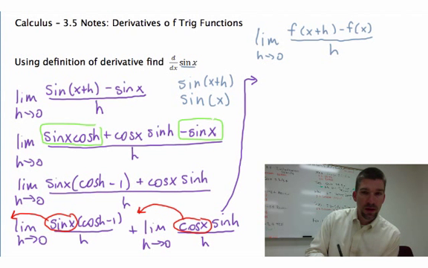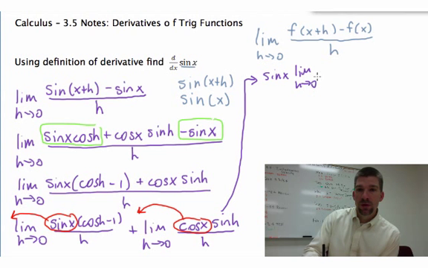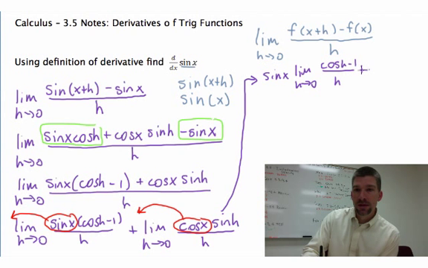And so what I end up with is sine x times the limit as h approaches 0 of cosine h minus 1 over h, plus cosine x times the limit of sine h over h.